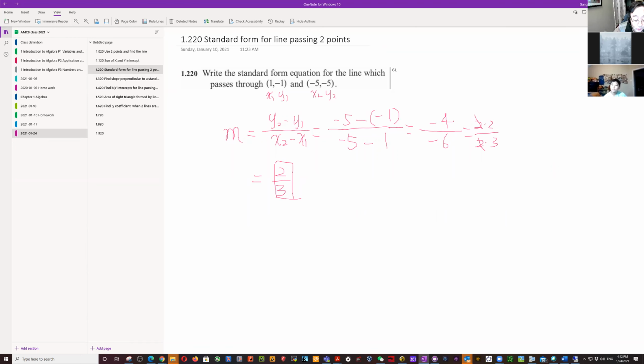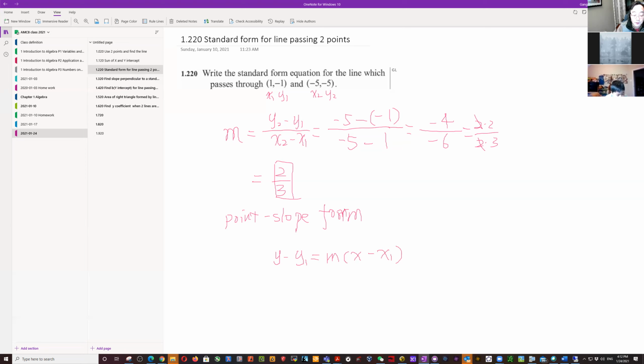Then we need to use the point slope form. So the point slope form of the line is y minus y1 equals m times x minus x1.